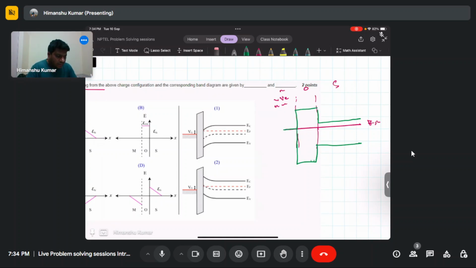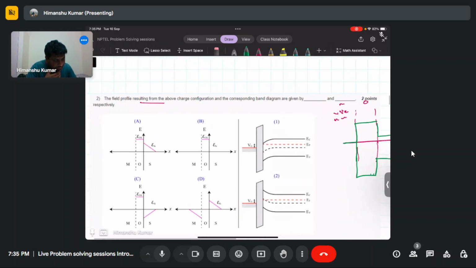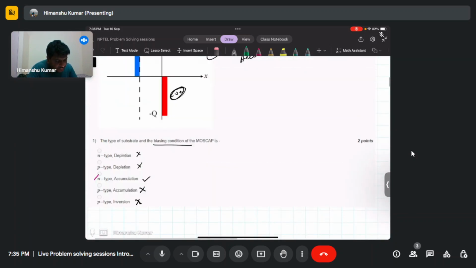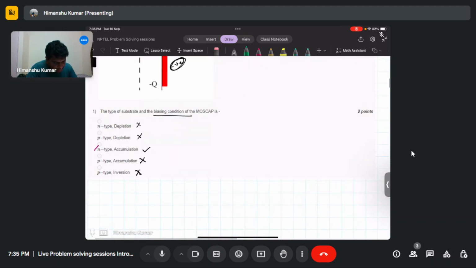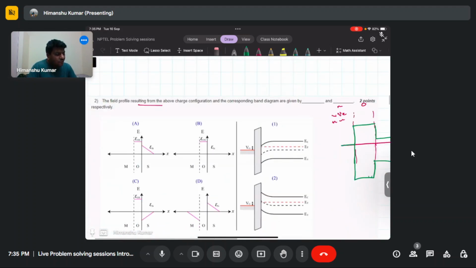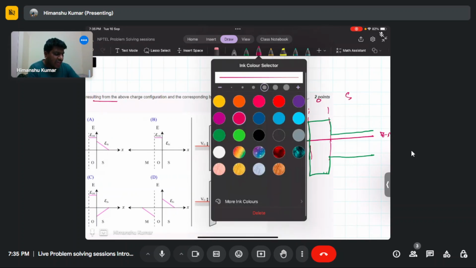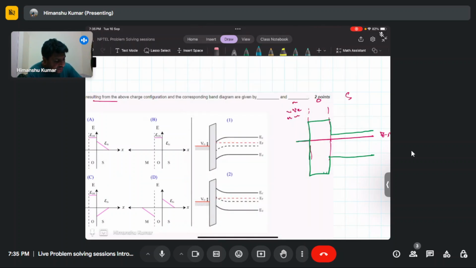Now if we apply the negative bias, this is the accumulation region. For an n type substrate to have accumulation of the majority charge carrier, the band at the interface will become more n type.